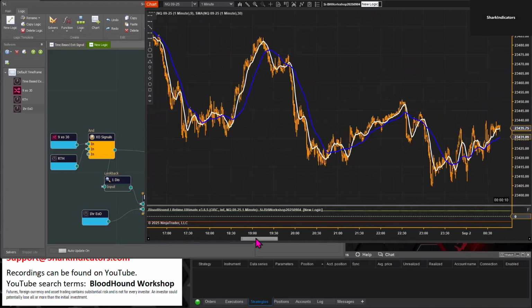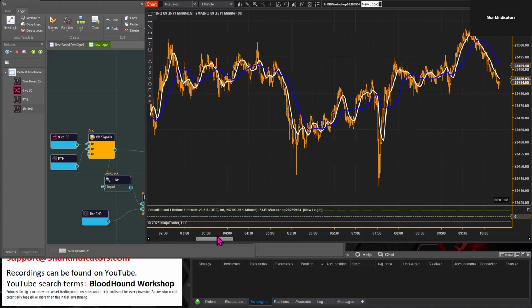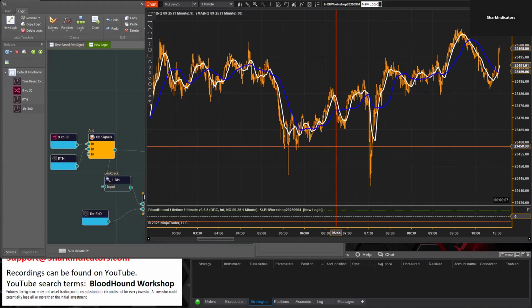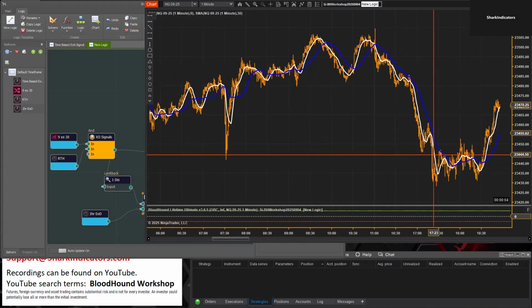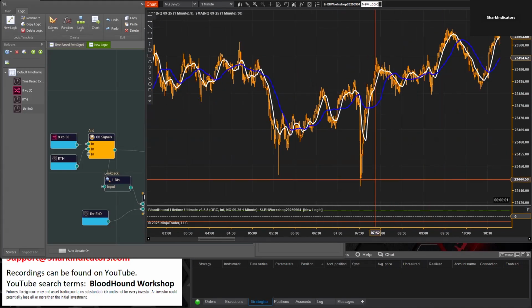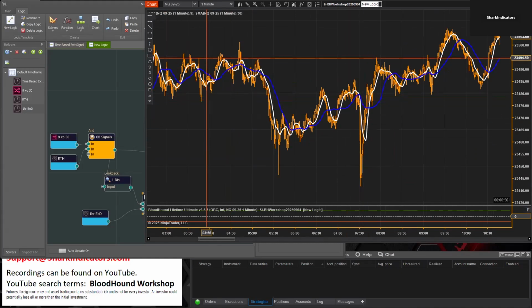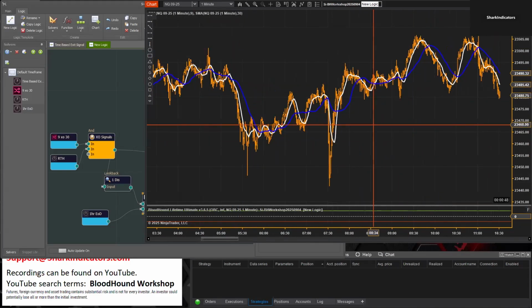But if I go to the first day of the chart, the signals don't get through. Let's see, where would it be? There we go. This is when the market opens for my time zone. Because the toggle node was not on during the first day, no signals occurred on the first day.